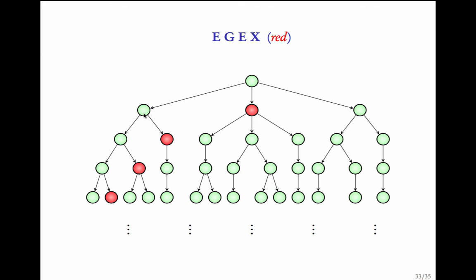Note that it doesn't mean that the path that we choose needs to be this one. For example, in this state, EX red is true because of this path. Similarly, EX red is true in this state because of this path, and so on. So every state along this path satisfies the fact that EX red.